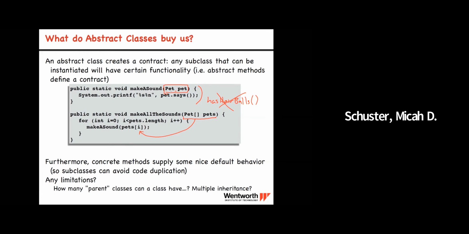But the generic pet object does not have hasHairballs, so we could not use that here with a generic pet object. So any of those contracts that we have, we can use. But if something is specific, like hasHairballs, we would not be able to use it with the more general object, so the more general pet here.